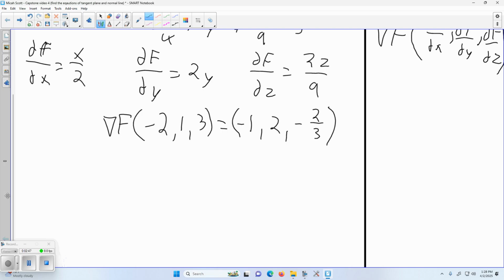The equation for a tangent plane is this: you have the partial with respect to x times x minus the x of the original point, and then following for y at this point, plus the z term.